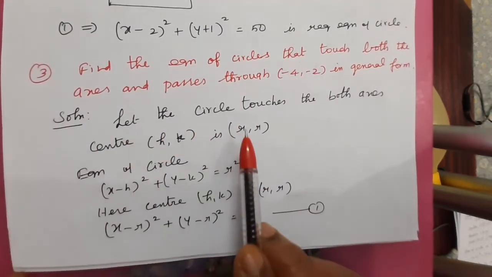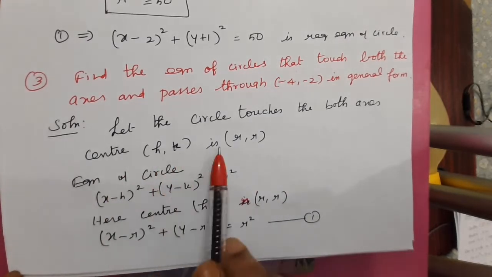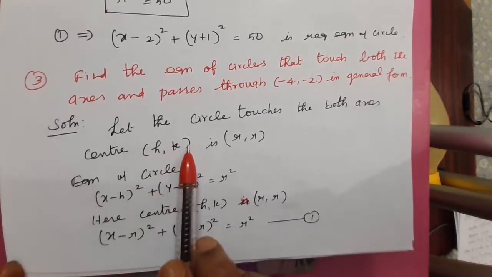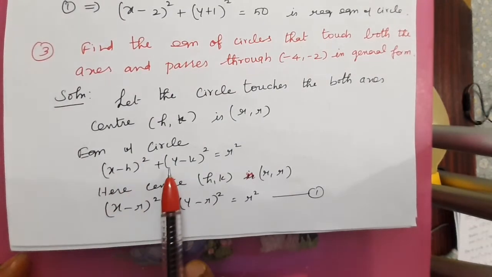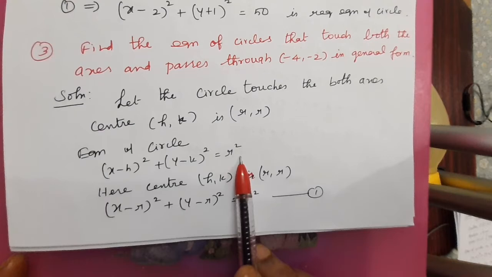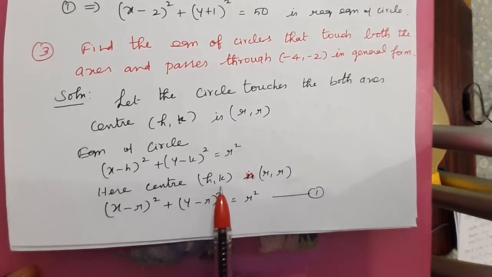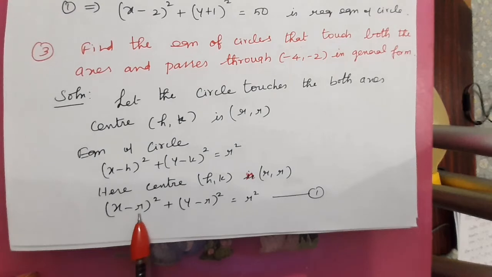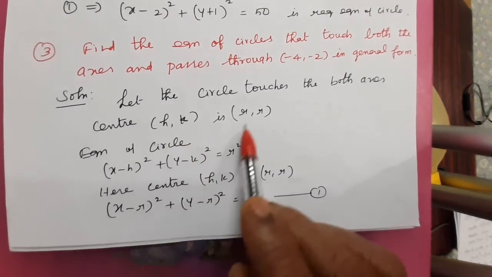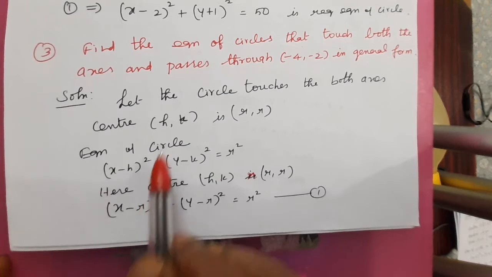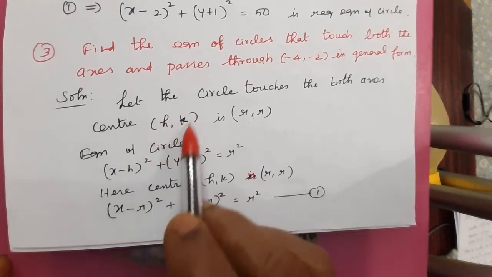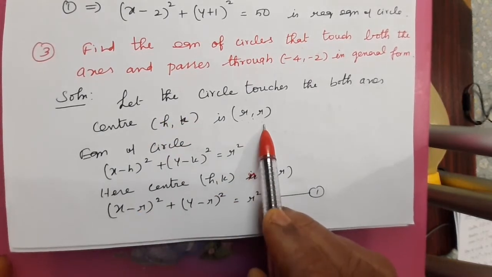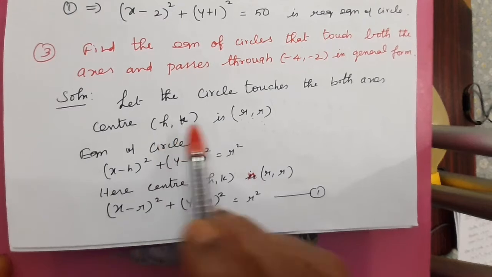Let the circle touch both the axes. If it touches both the x-axis and the y-axis, the center h, k is r, r. Therefore the equation of the circle is (x − h)² + (y − k)² = r². Here the center h, k is r, r, so instead of h, k you substitute r, r.